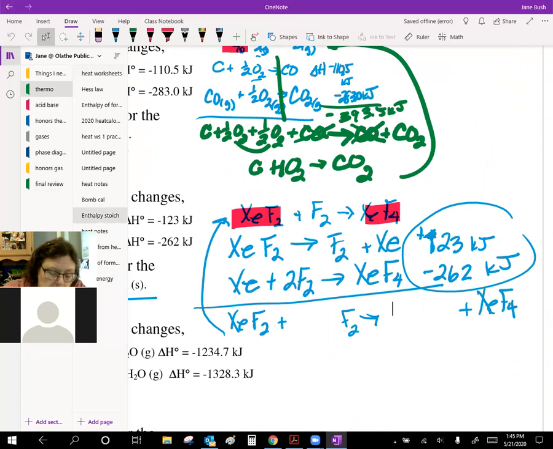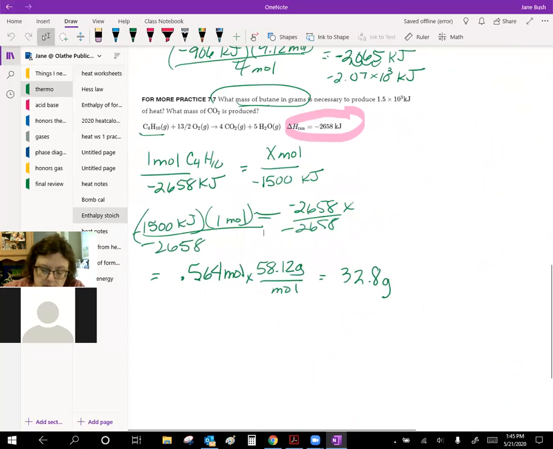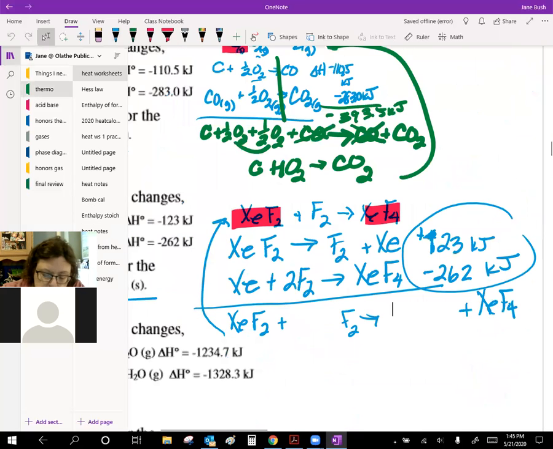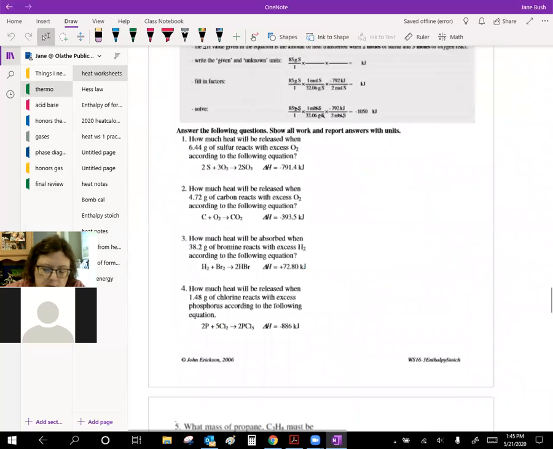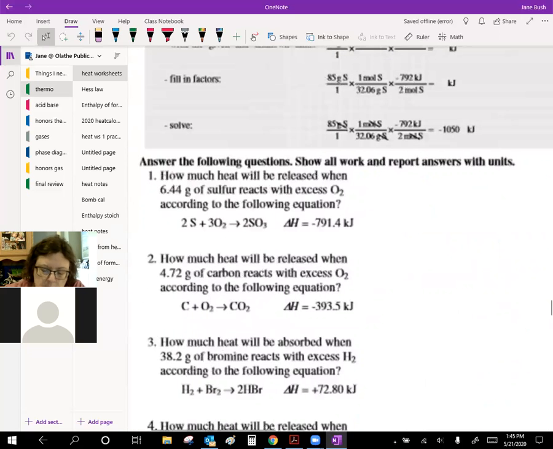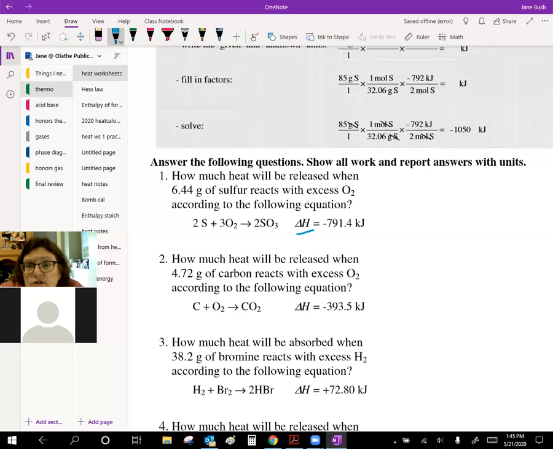Enthalpy stoichiometry. Let's use the heat worksheets because we got them already. Okay, here's our question. This is an enthalpy of reaction.